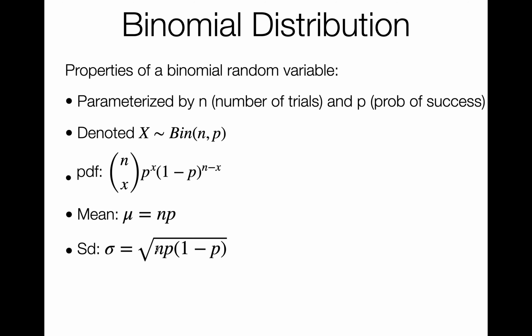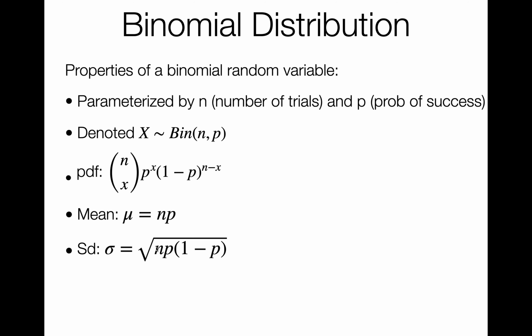Okay, so the mean and standard deviation, almost all distributions have it. Something that's weird about this is I say the mean is mu and the standard deviation is sigma. Those are the symbols that we use for all means and all standard deviations.